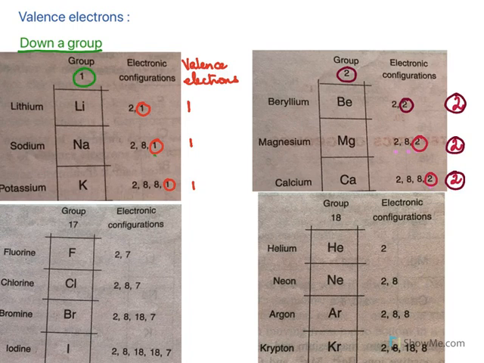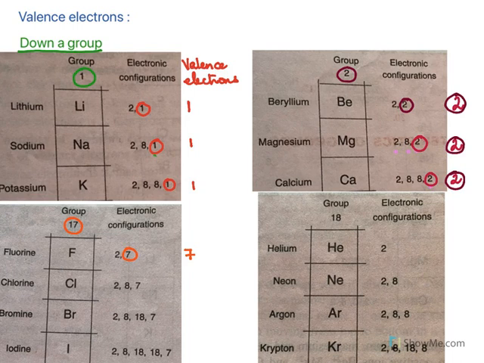Now we go to group 17. So for group 17, the first element is fluorine with atomic number 9, and now you see how many, 2 and 7. The valence electrons are 7. This is group 17, it's got 7 valence electrons.